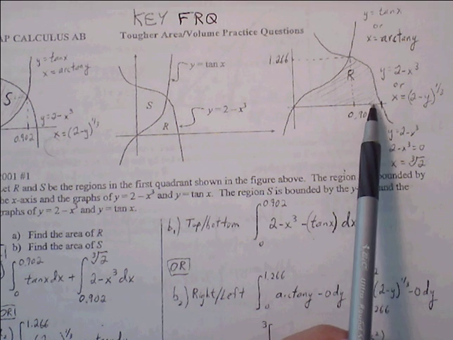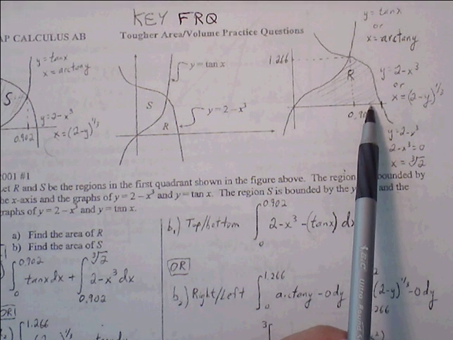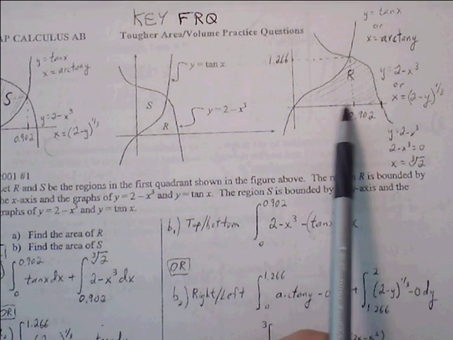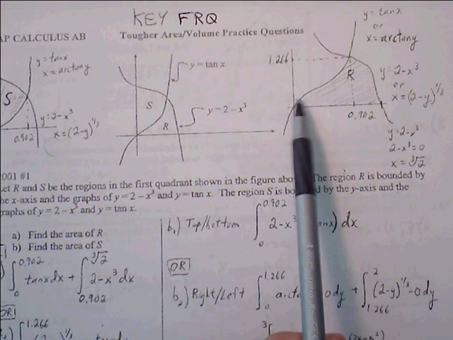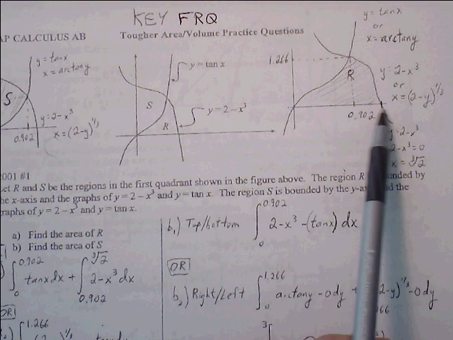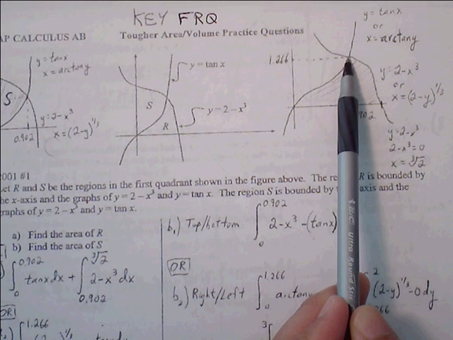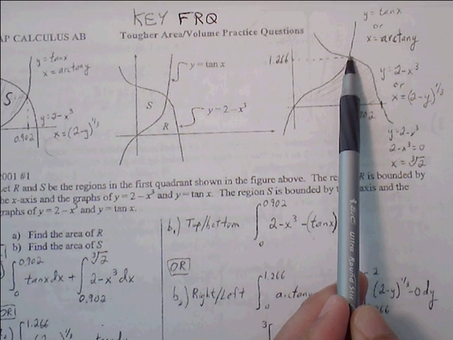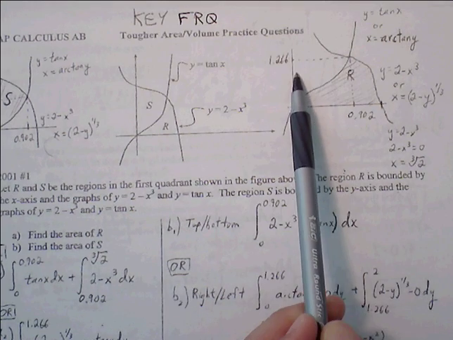Also the bounds have to be changed because our bounds have to be in terms of y. So instead of going from left to right, we're going to go from bottom to top. The lowest y value is 0, that's the x-axis, and the highest y value is this point right there, and that y value is 1.266.